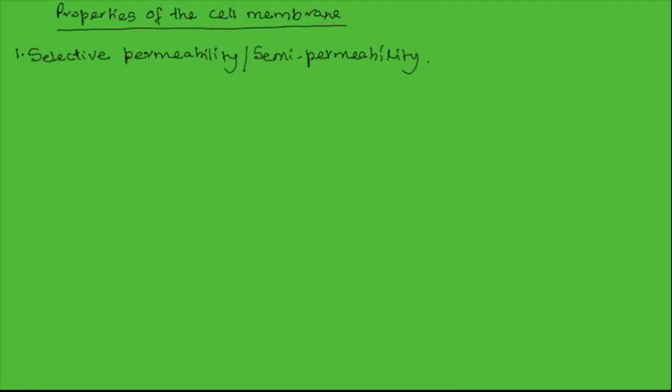We looked at the features of the cell membrane that enable it to control the movement of substances into and out of the cell. These features also give the cell membrane the properties which determine the passage of substances. We look at these properties one by one. The first will be the selective permeability, also known as semi-permeability.